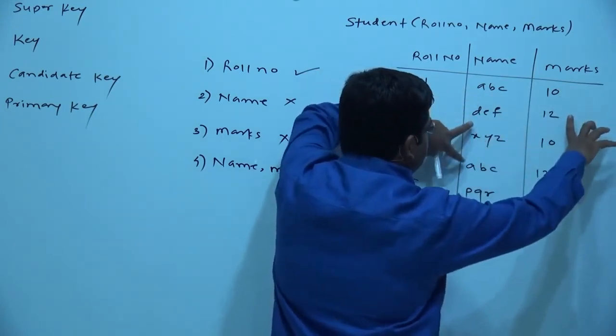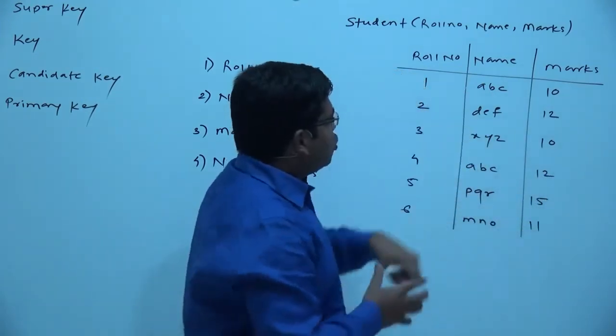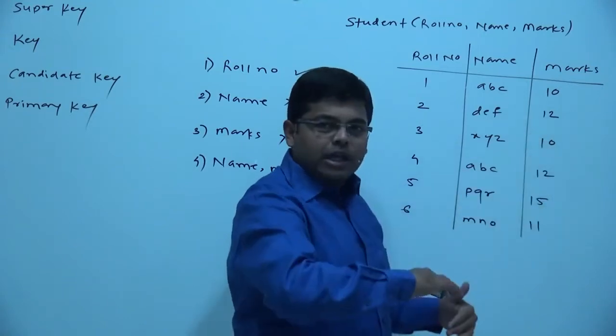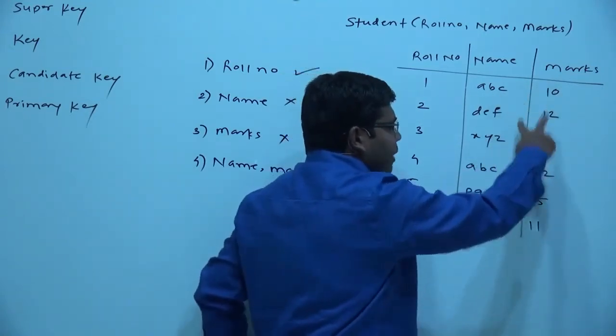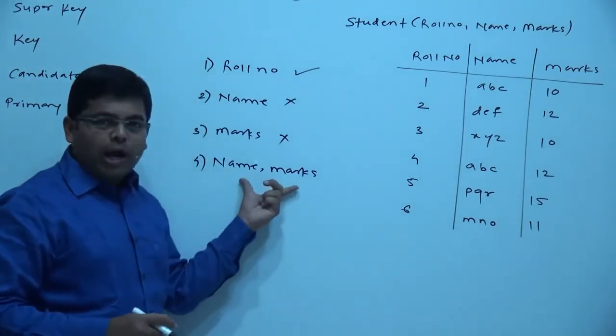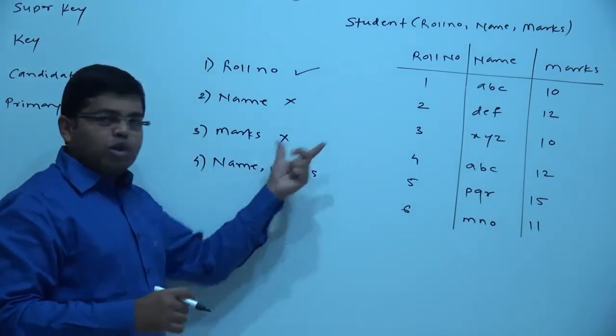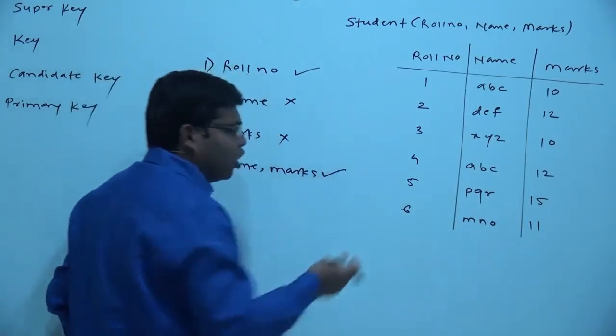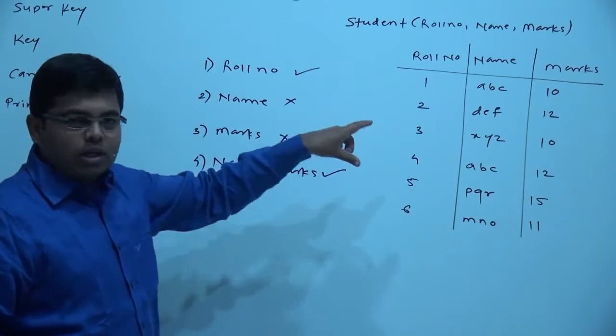Here 12 is repeating, but again the names are different. So when names are repeating, marks are different. When marks are repeating, names are different. The combination of name and marks is not repeating, and that is why we can use the combination of these two attributes or these two columns to uniquely identify the tuple, and therefore name and marks together can be called as a key for this particular table.